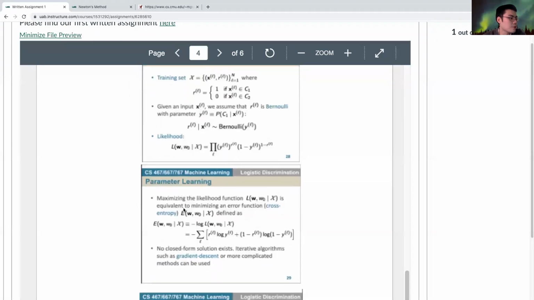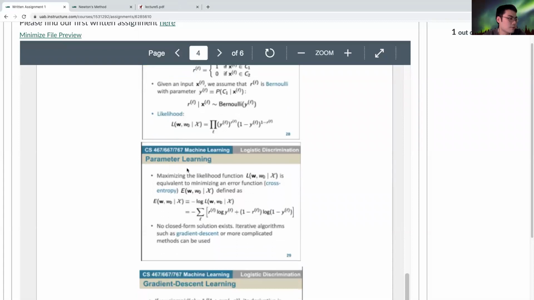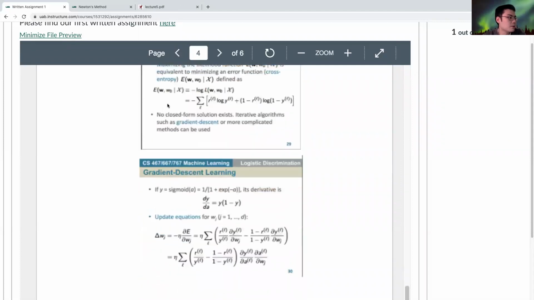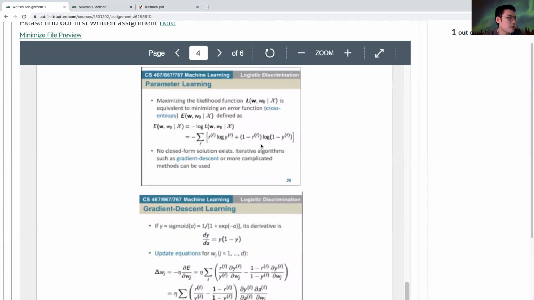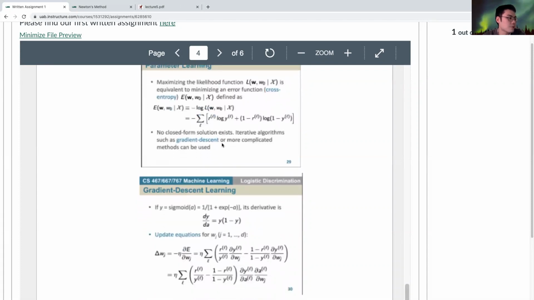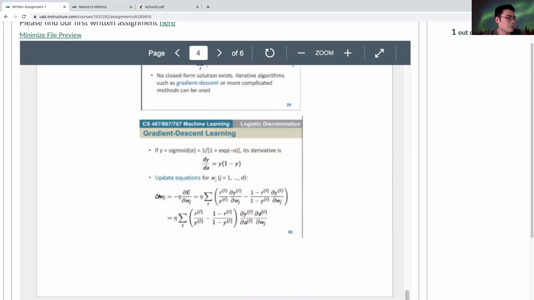Let's say you have the loss function and the error function, which is a likelihood function. They are kind of logarithmic. The negative log likelihood is the error, and it becomes the cross entropy loss. For this error function, which is for logistic regression, we already showed you how to take the derivative, which is the gradient.